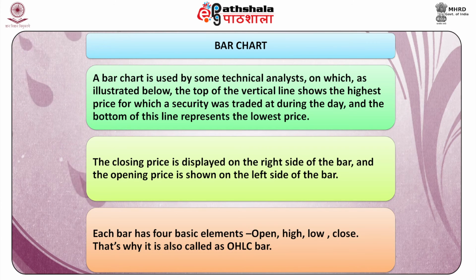The closing price is displayed on the right side of the bar and the opening price is shown on the left side of the bar. Each bar has 4 basic elements: open, high, low, close. That's why it is also called an OHLC bar.